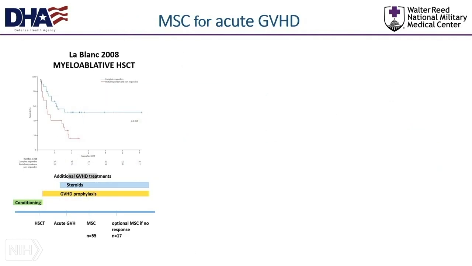So this is for the data that I'd like to share with you for MSC treatment for acute GVHD treatment. The first one is LeBanc study published in 2008. This is the landmark study, which opened the whole field of using mesenchymal stem cells for graft versus host disease.